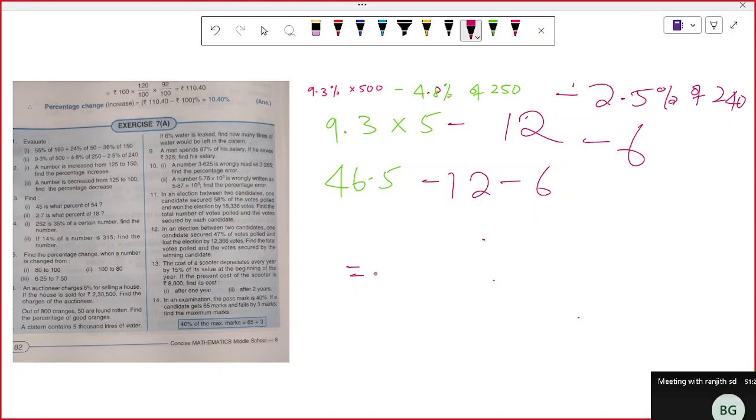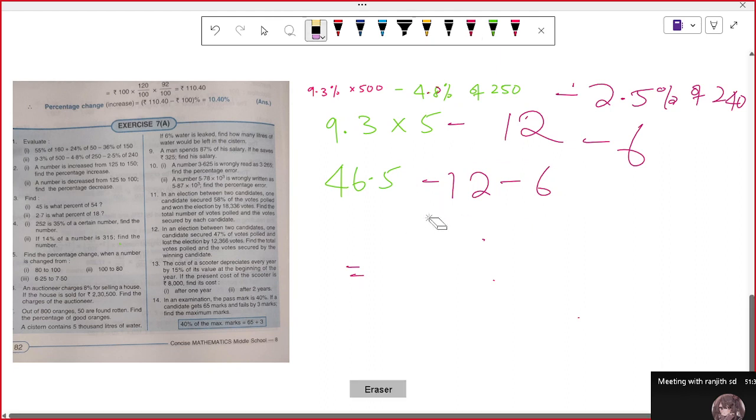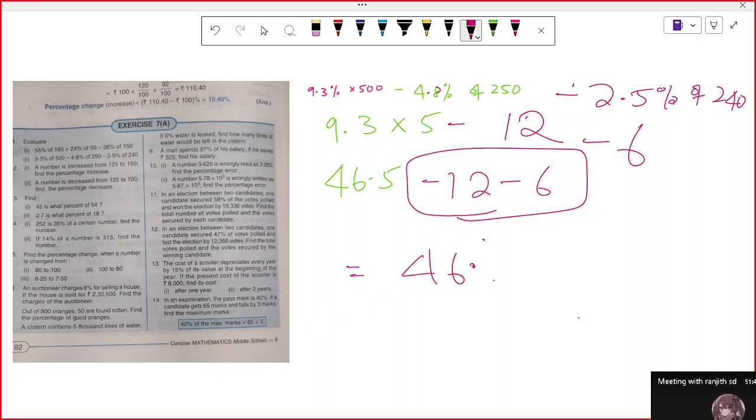It's not 12 minus 6. Calculate with the minus sign. Minus 6 minus 12 is minus 18. So 46.5 minus 18.